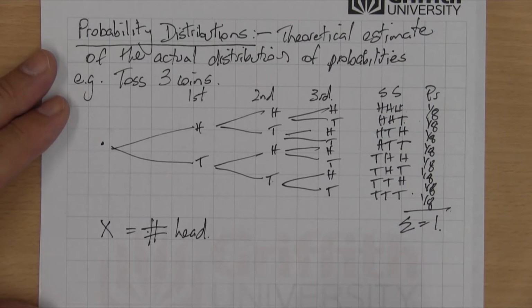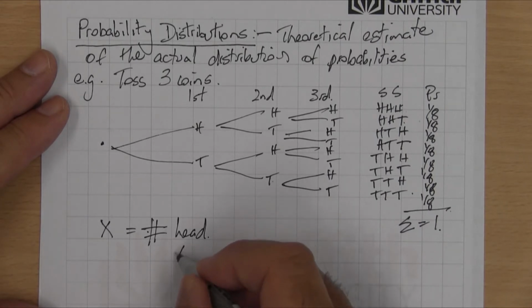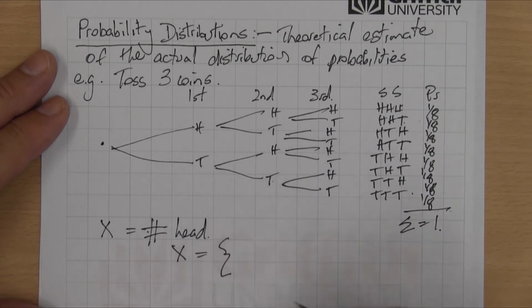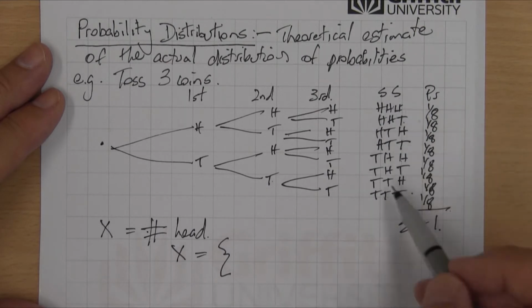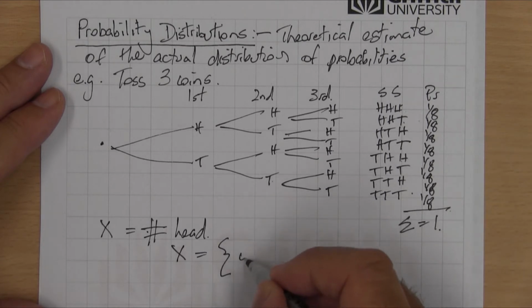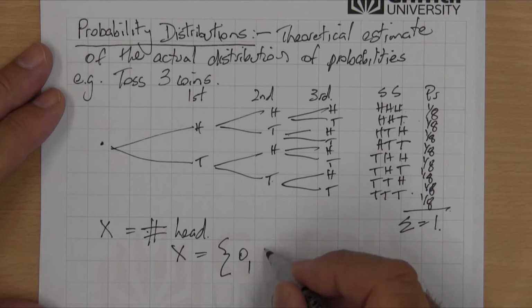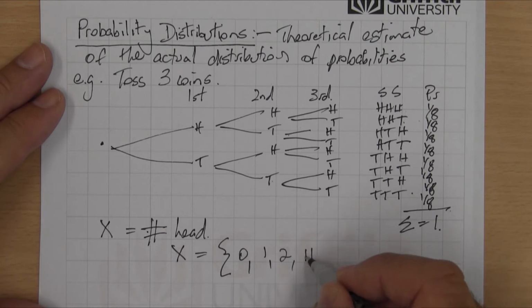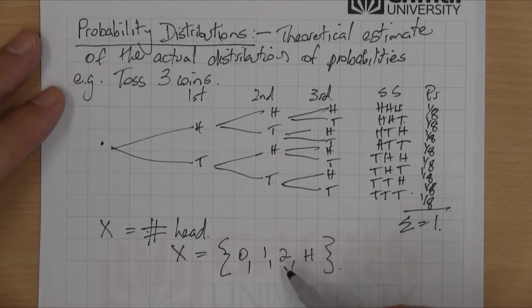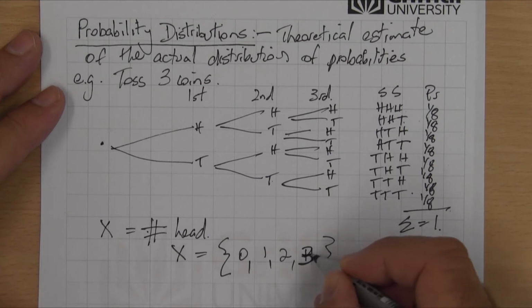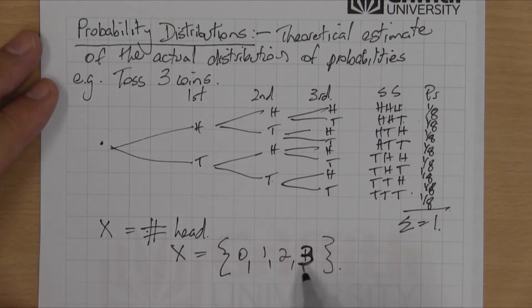The values that X could take, and this is using set notation with the curly brackets, well, we could have 0 heads, 1 head, 2 heads, and 3 heads. We could be interested in the distribution of the number of heads and work out all of these different probabilities of 0 heads, 1 head, 2 heads, and 3 heads.